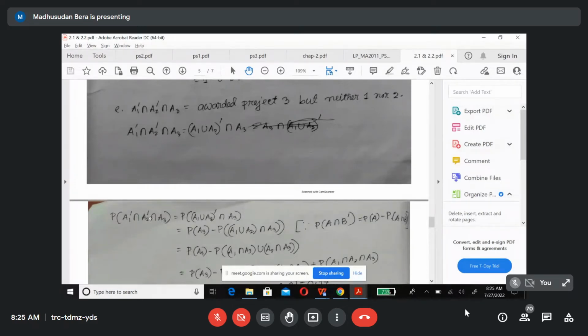A1 dash intersection A2 dash intersection A3, we are writing this set. After that, P of (A intersection B complement) is P(A) minus P of A intersection B. We have applied that formula. So P of A3 minus probability of intersection of these two sets, A1 union A2 intersection A3.